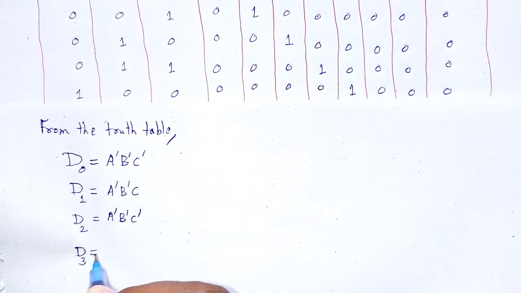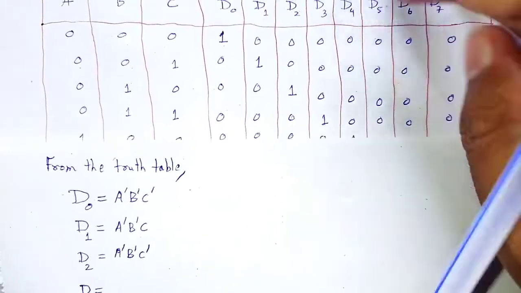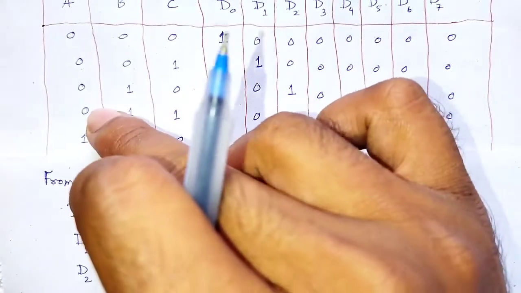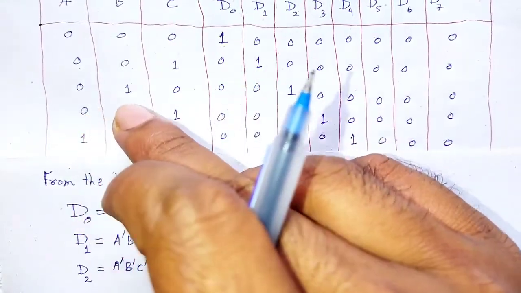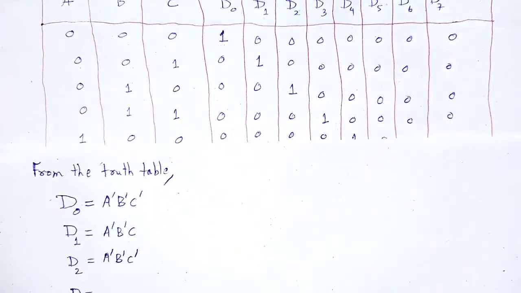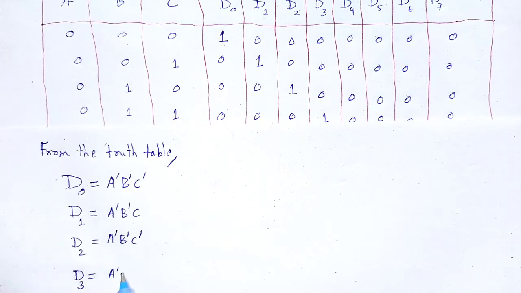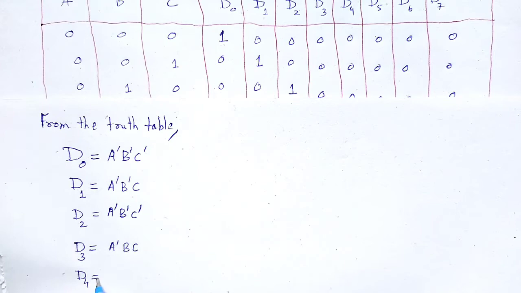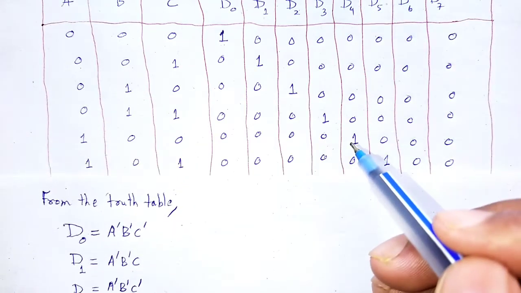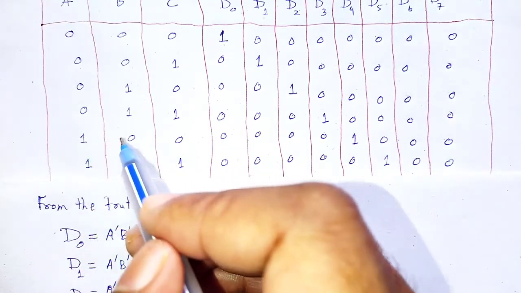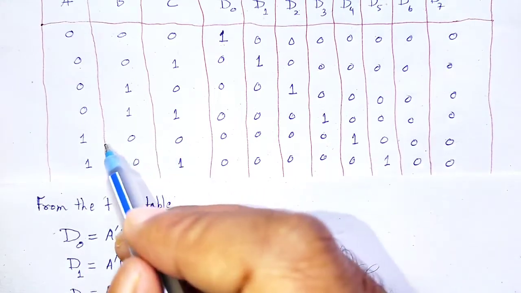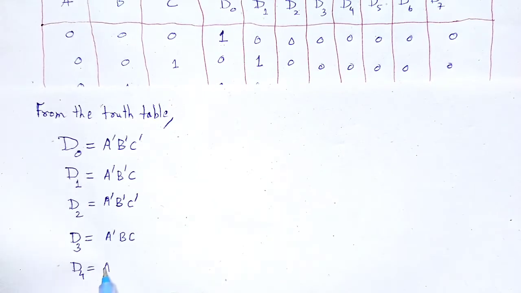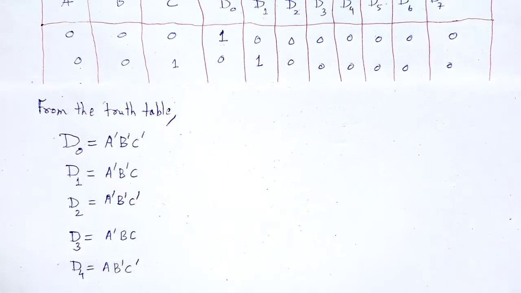D3, 1 here, inputs 0, 1, 1: A dash, B, C. Next D4, 1, inputs 1, 0, 0: A, B dash, C dash.